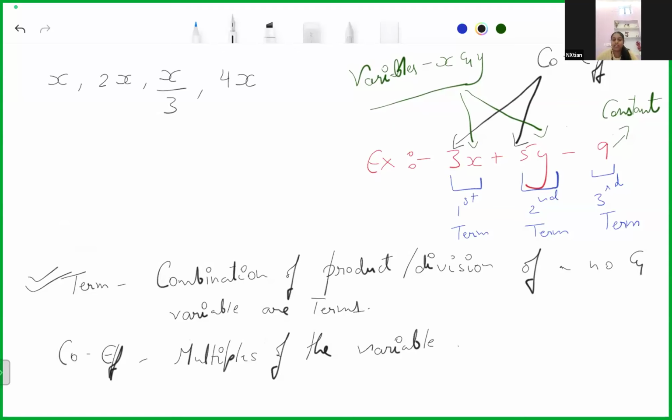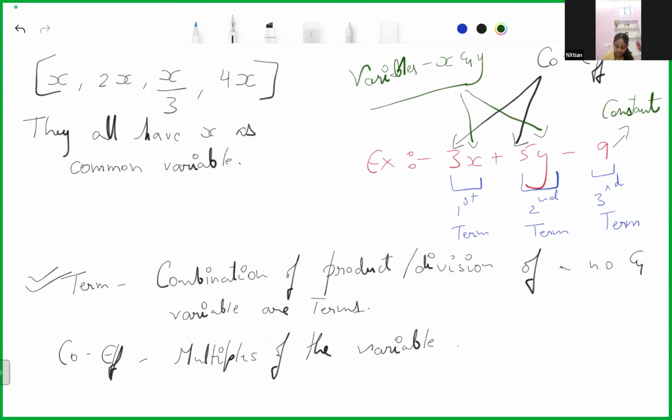Now, can one of you tell me what is common in all of them? Ma'am, x is the common variable. They all have x as a common variable. Therefore, they are called like terms.